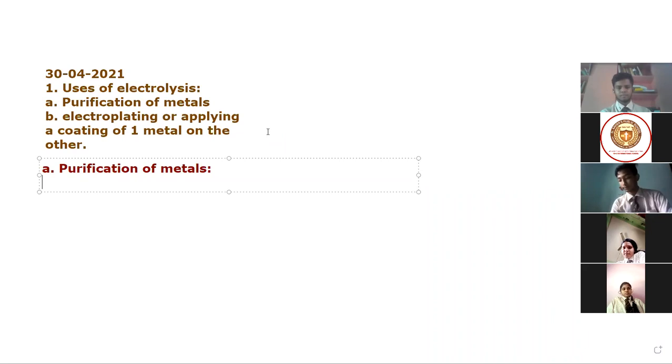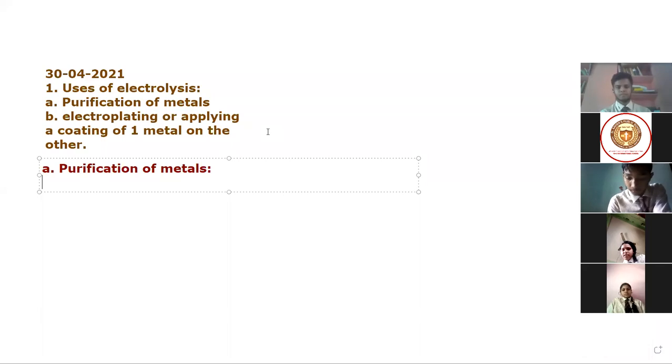Tell me the difference between a battery and a cell. A cell is a single source of energy, and a battery is the collection of cells. Correct. If you are taking one piece, that becomes a cell, and a battery is a collection of many cells.